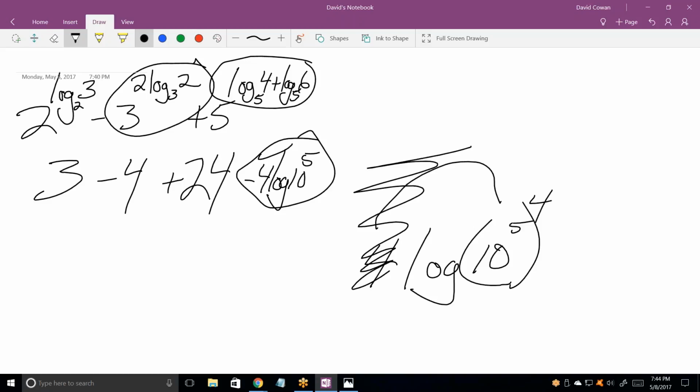I've got double exponentiation going on. So that's the log of 10 to the 20th. Well, the implied base here is 10, right? In other words, if they do not write a base, it's 10. Okay. So what's that equal to?